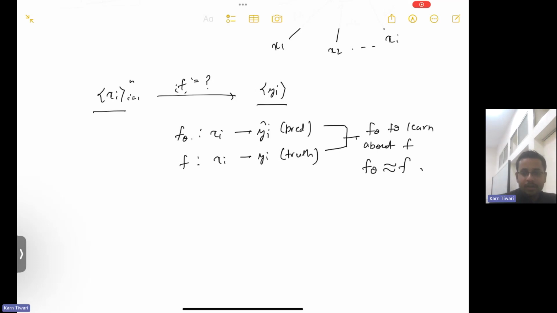We have a prediction and we have a ground truth, and we want to measure how these two are related.